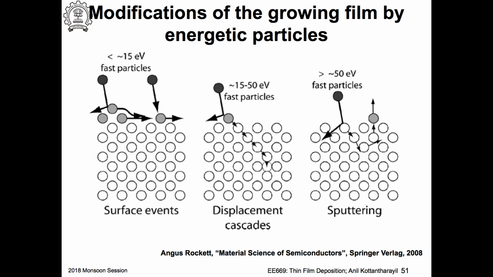On the other hand, if you have higher energy, it may lead to damage in the surface layer, where they transfer this higher energy. That leads to cascading of displacements. For example, the host material atoms in the surface layer are pushed inside by the higher energy and momentum of the incoming particles.